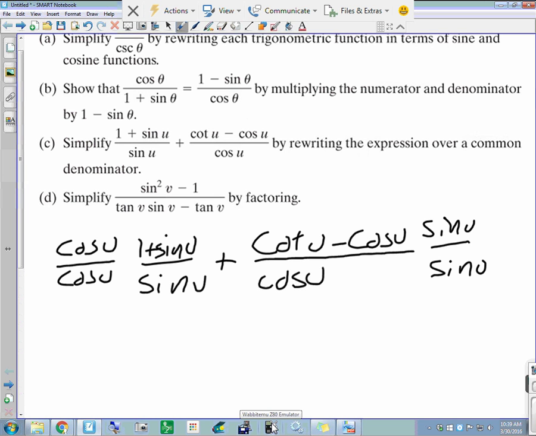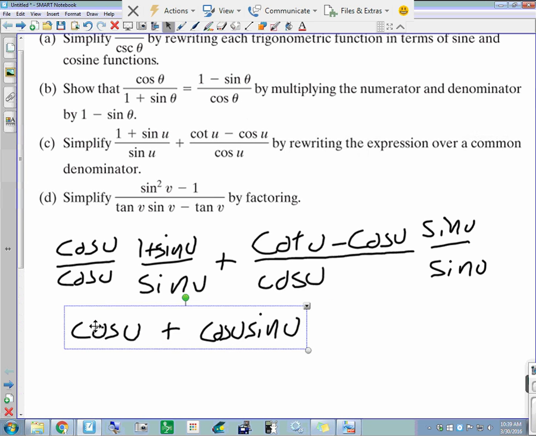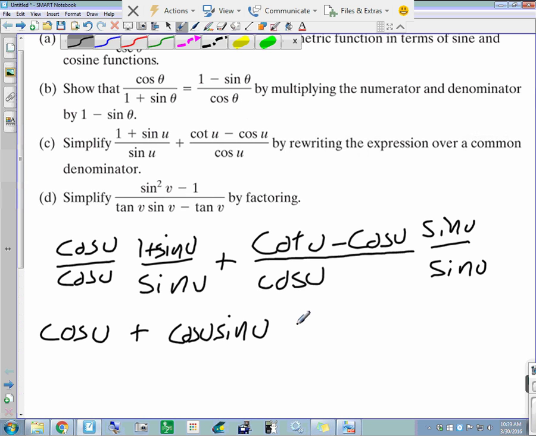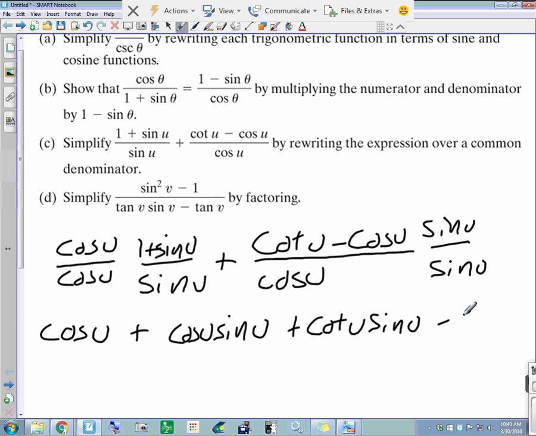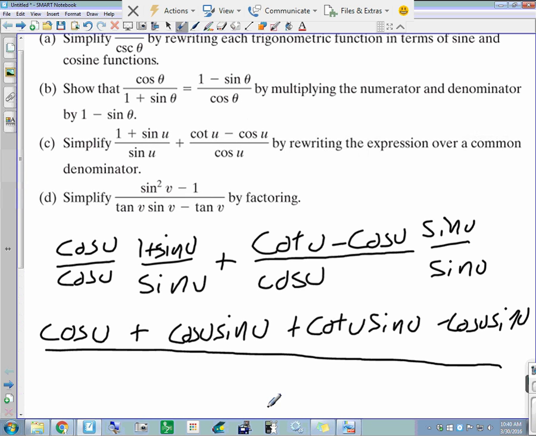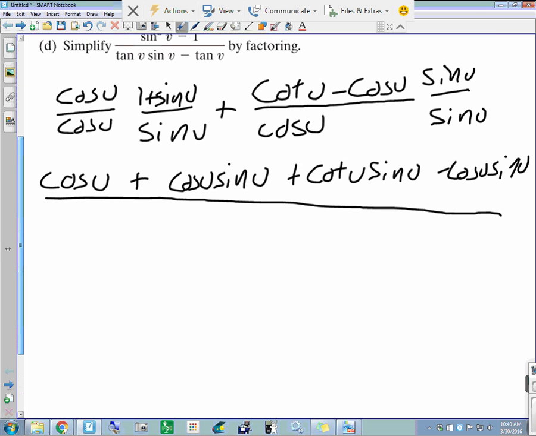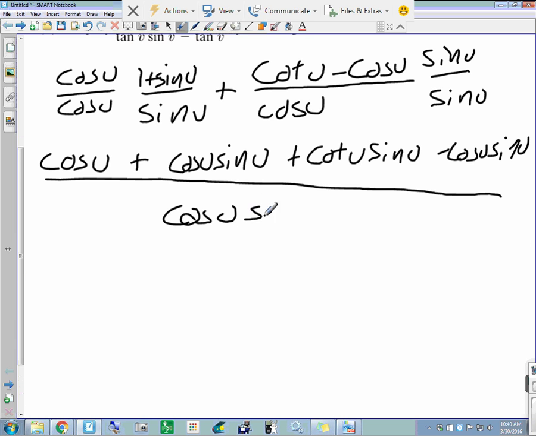I know, it looks like a confounded mess, doesn't it? But that does set us all up so that we end up having, let's see, cosine u plus cosine u sine u, and then we're going to end up with plus cotangent u sine u minus cosine u sine u all over, bring that down a little bit more, all over cosine u sine u.